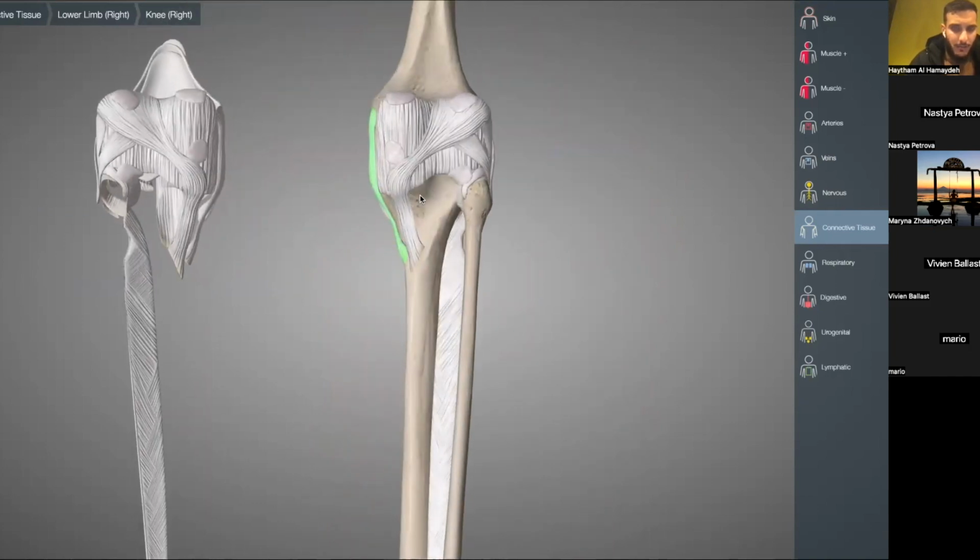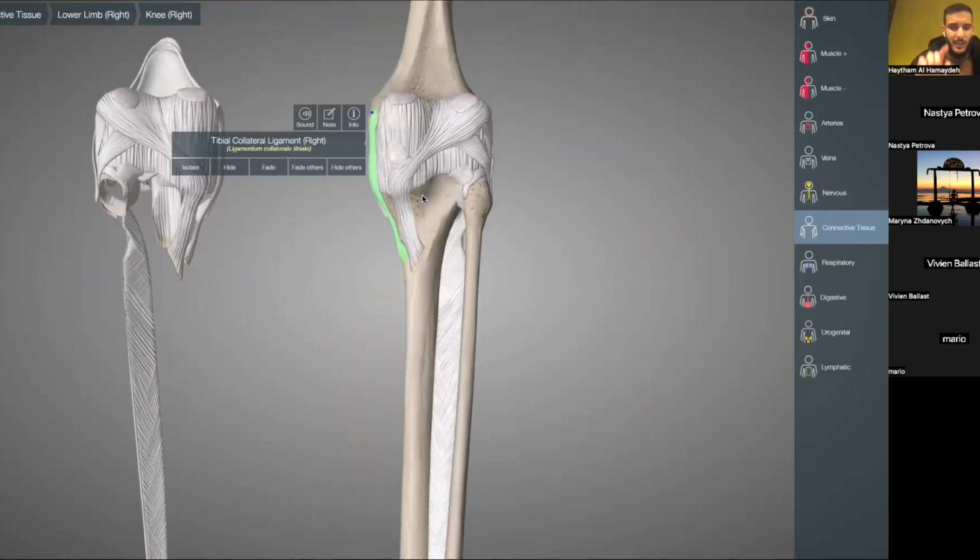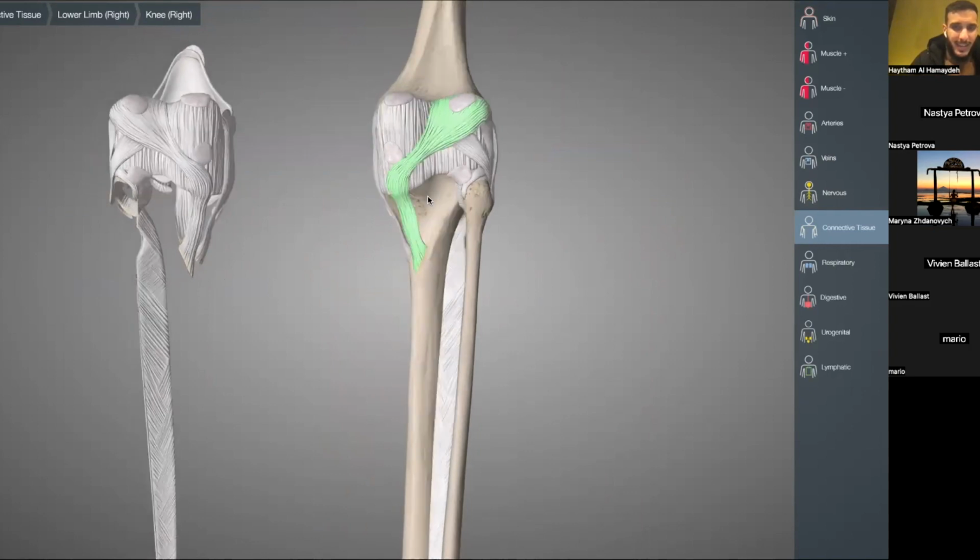Posteriorly, we have the oblique popliteal and arcuate popliteal. And these are 5. We have 2 more. I can't see them.